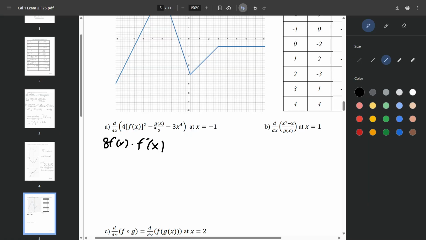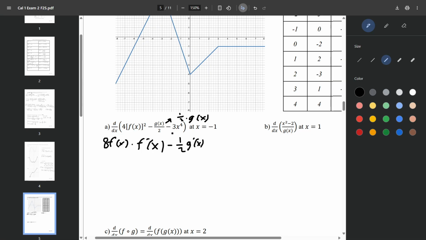Next up is g of x over 2, and this could be rewritten as 1/2 times g of x, and so we could instead rewrite this as minus 1/2 g prime of x, because 1/2 is a constant, so this is possible.